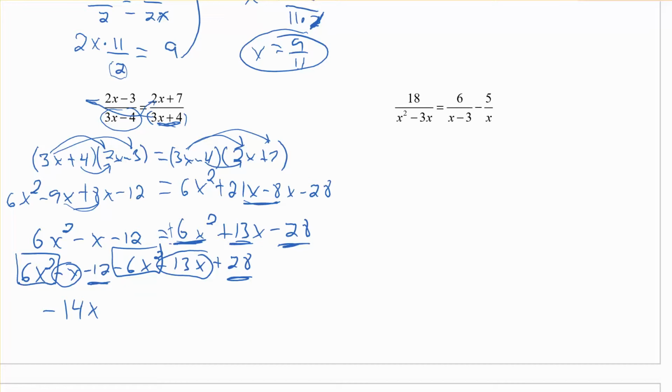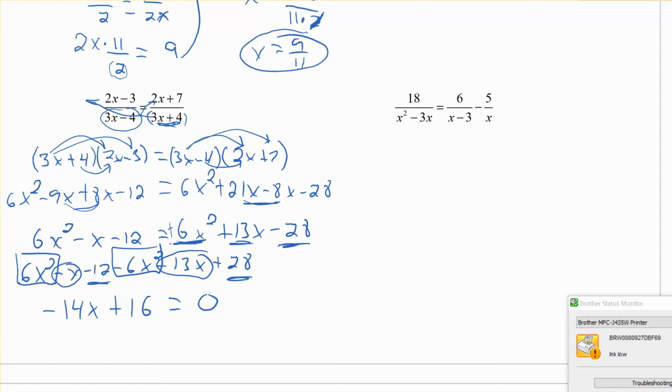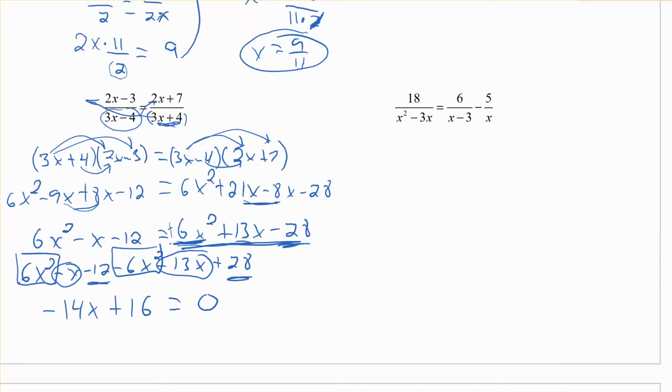So I got negative 12 plus 28. That'd be the same thing as 28 minus 12, right? Which would be positive 16, so plus 16 is equal to 0, right? Because I moved everything that was over here over to that side, so I'm left with nothing on the right side anymore.